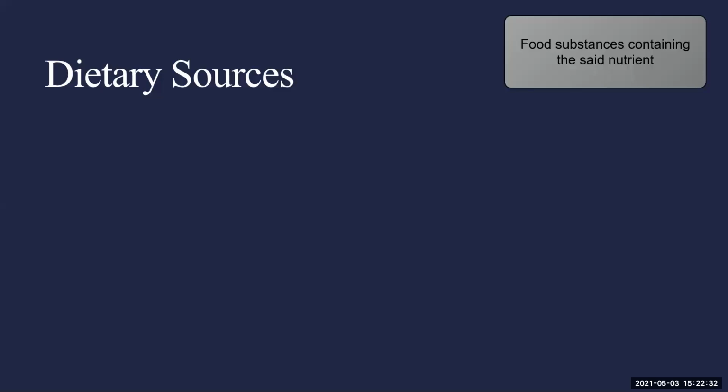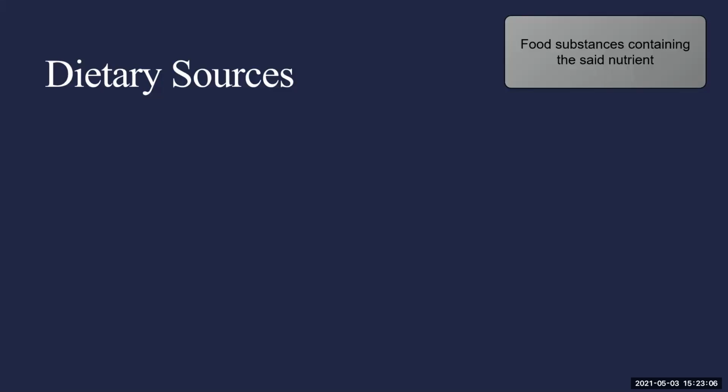If it is very high, then we say it is the best source, with the highest concentration of that nutrient. When it is high, we categorize them into rich sources. When it is a little bit less, it goes into good sources. When there is nothing or very little present, they go into poor sources.